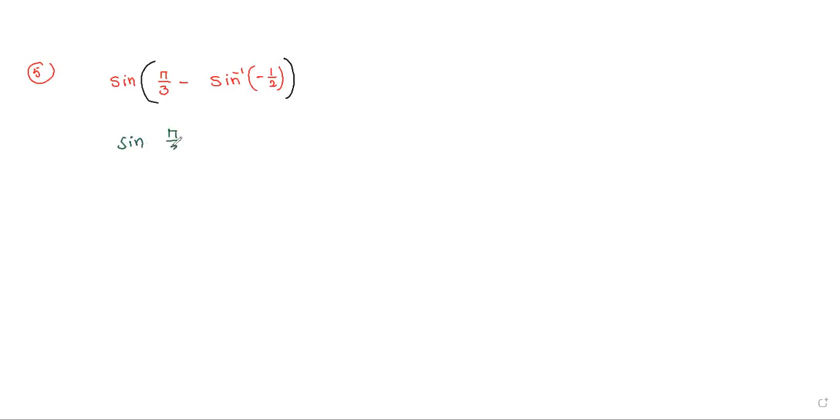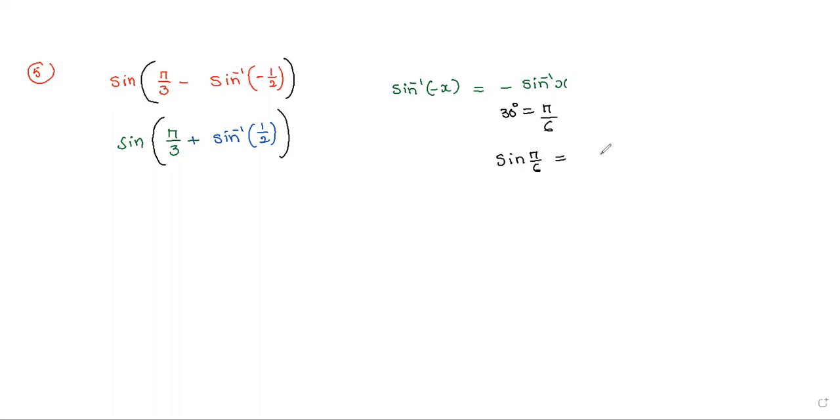Sine inverse of minus x is equal to minus sine inverse x. So minus minus is plus, sine inverse 1 by 2. When does 1 by 2 come? Sine 30 degree. 30 means pi by 6. Sine pi by 6 is equal to 1 by 2.